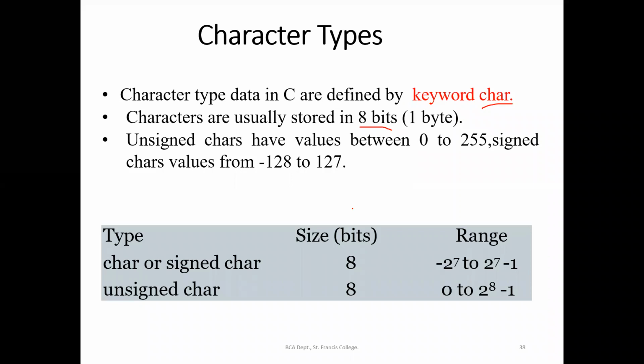Now, which are the primary data types? What are the 4 fundamental or primary data types? Integer, float, character, void. Okay, so those are the fundamentals.